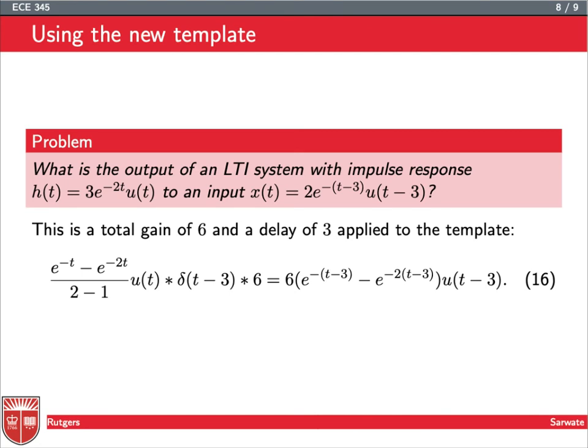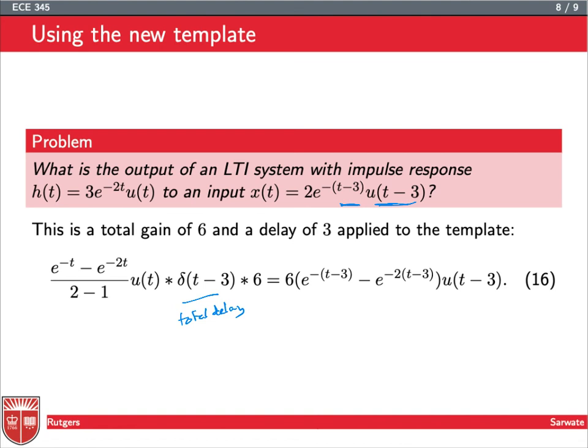So let's do a little example. What's the output of an LTI system with impulse response 3 e to the minus 2t u of t to an input 2 times e to the minus 3 times t minus 3, u of t minus 3? Okay, so we write out the convolution. We have the total delay, which is coming from just this u of t minus 3, e to the minus t minus 3.